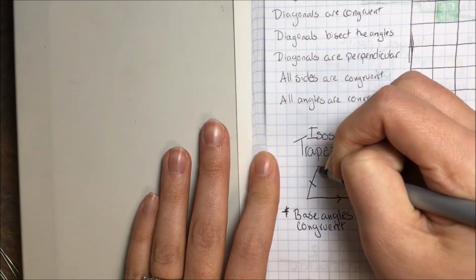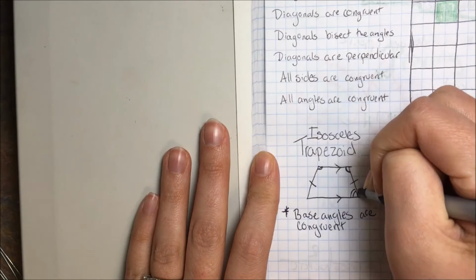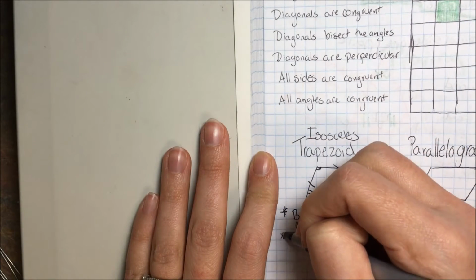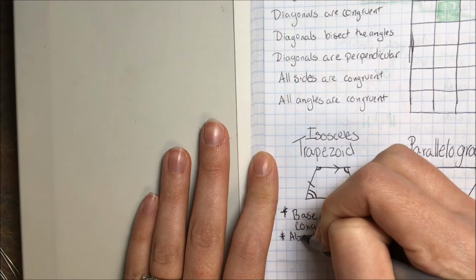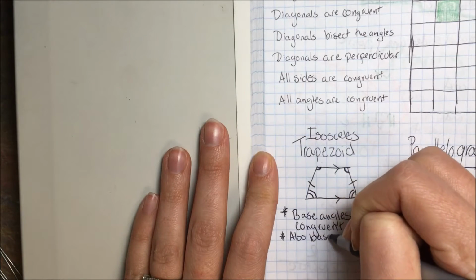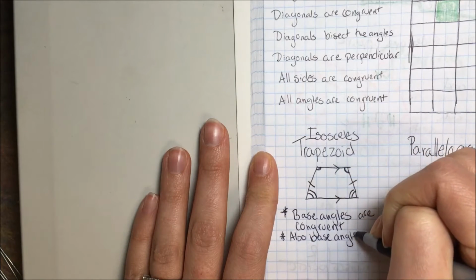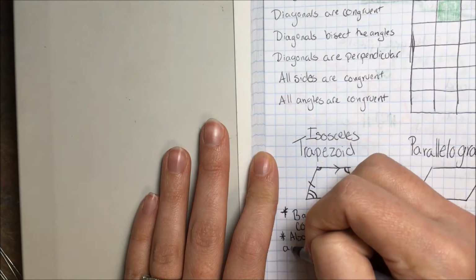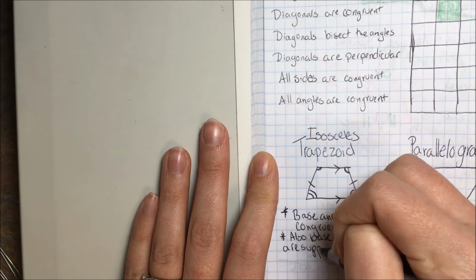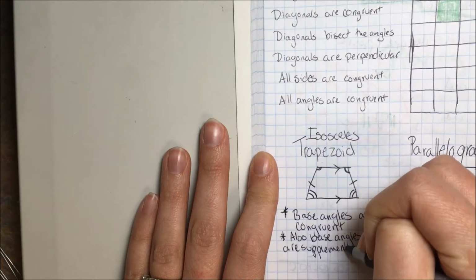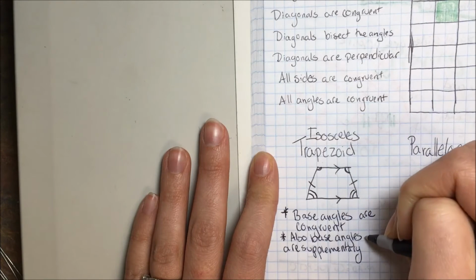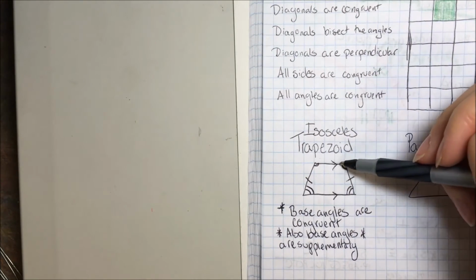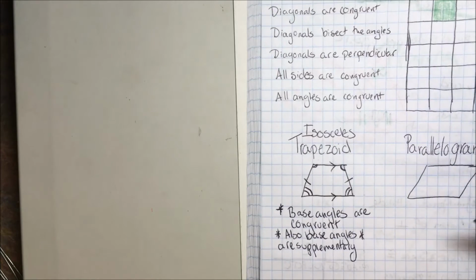So the angles on the bases, remember the bases are the parallel sides, are congruent. Also, base angles are supplementary. And that comes back to the same side interior angles. Since these are parallel lines, these two angles are supplementary.